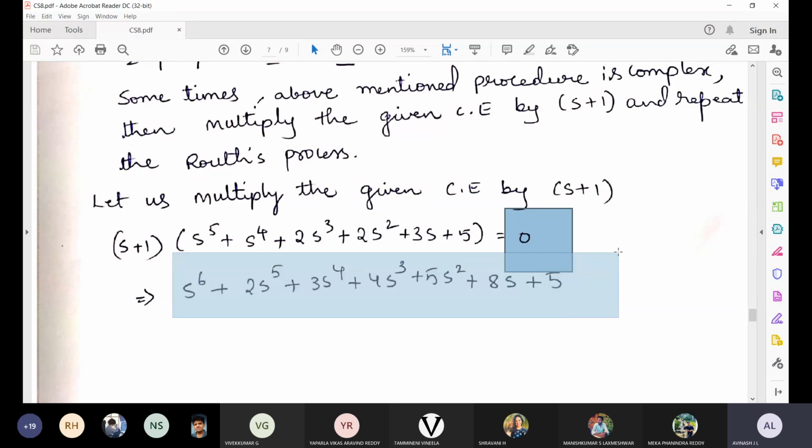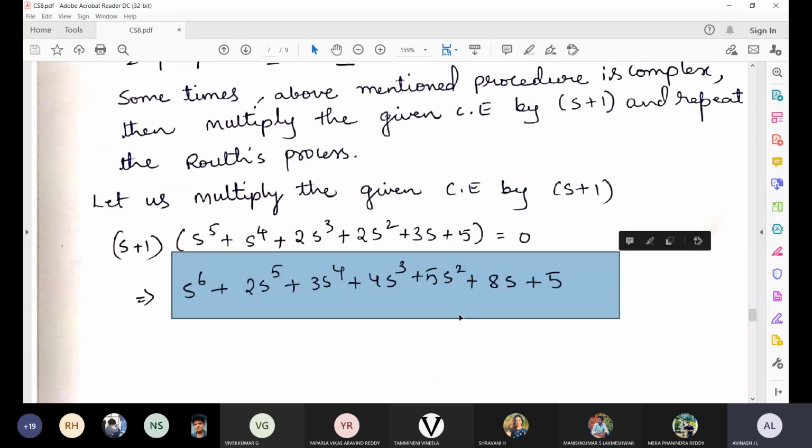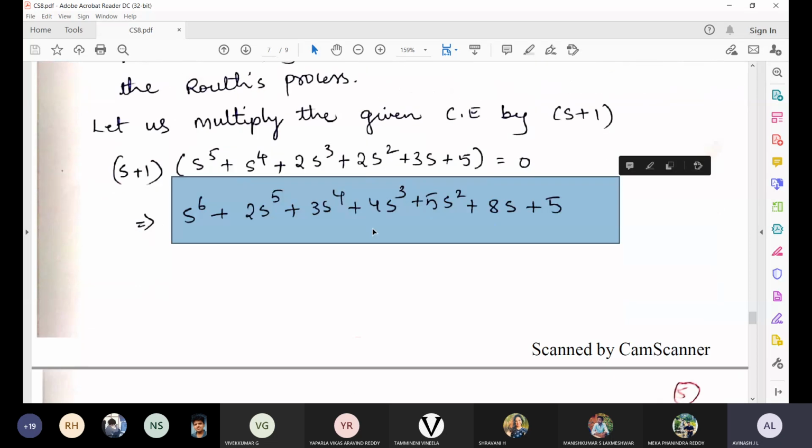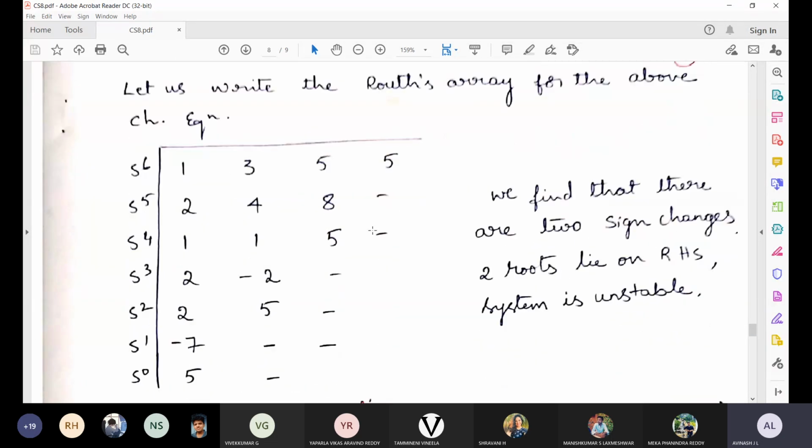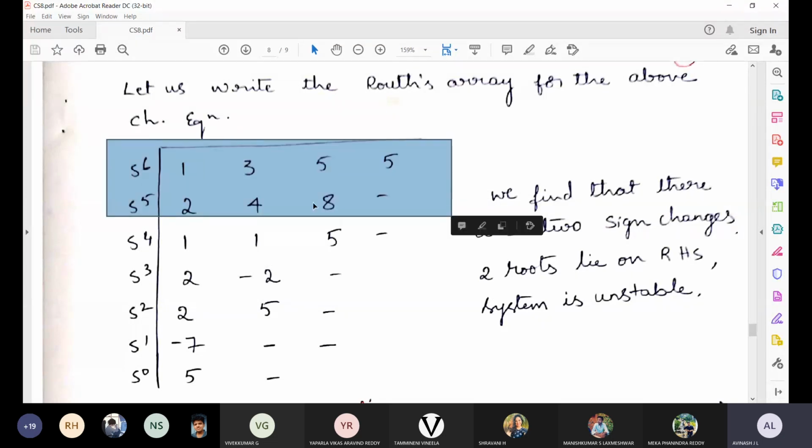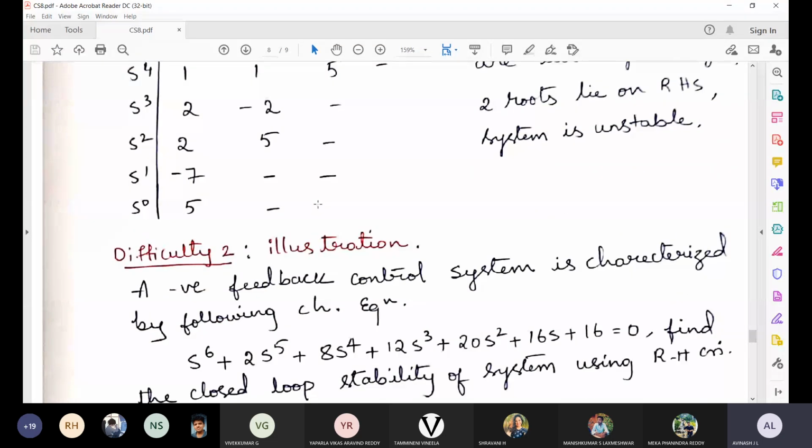So it will be boosted up, and the equation has been reframed. We can take that reframed equation as a new one and go ahead.